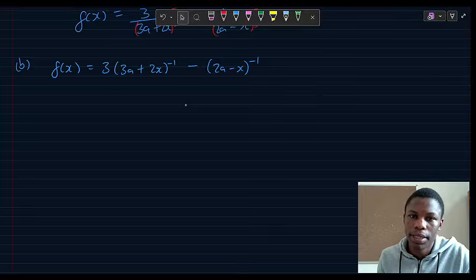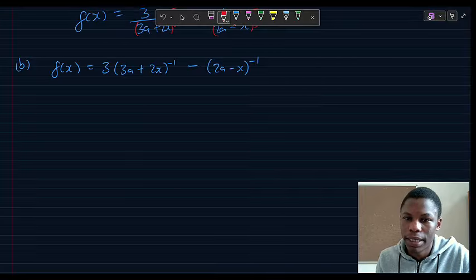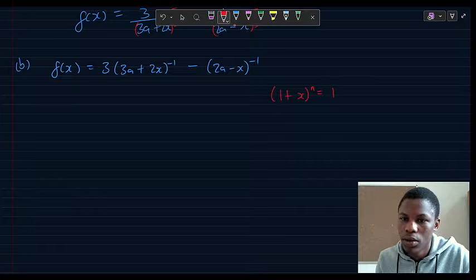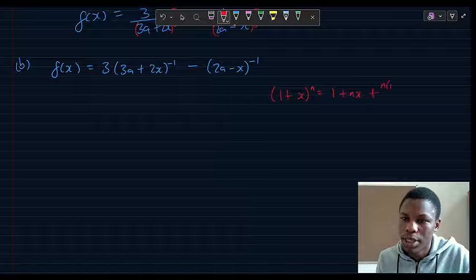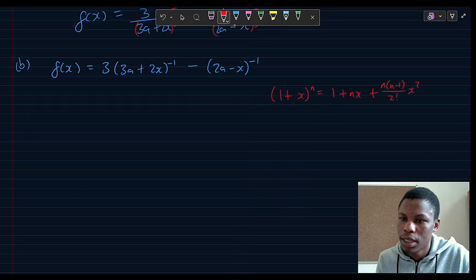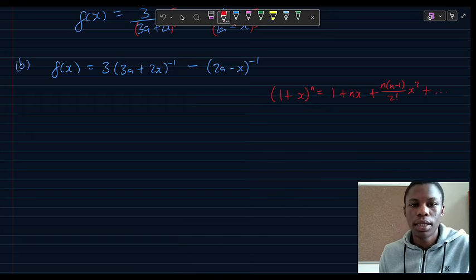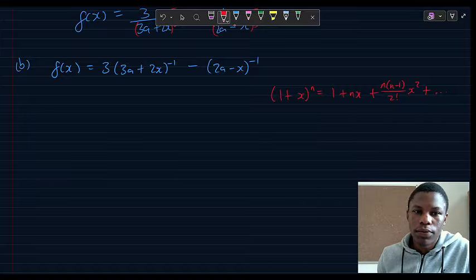So to do that, if you go to the MF19, there is the formula that says 1 plus x to the n is equal to 1 plus nx plus n times n minus 1 over 2 factorial x squared, and it continues, right? So we want to use that formula, and we're going to start with this term.